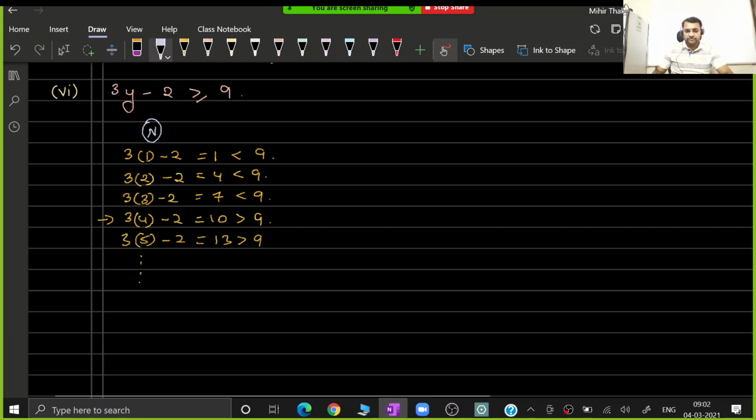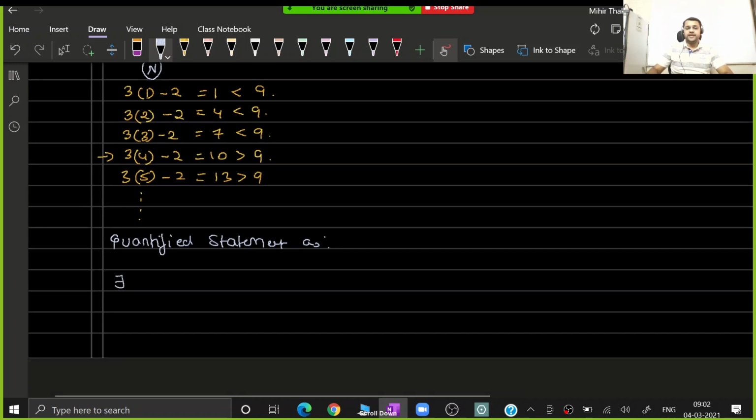So here I have to consider the truth value of the quantified statement again as there exists, because the first, second and third do not satisfy the condition and all the remaining ones satisfy.